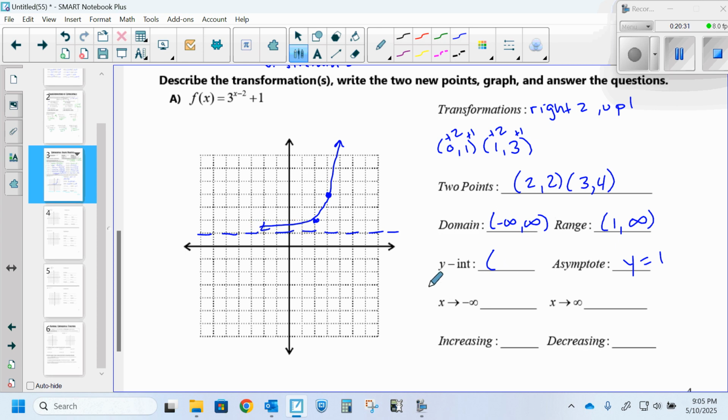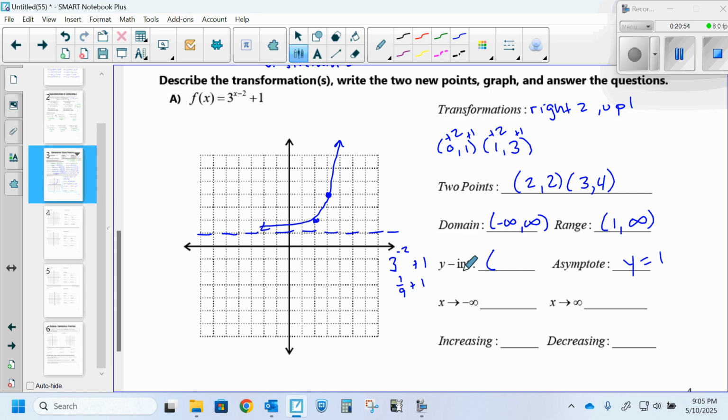Now, this is a good one. I didn't know we had one so quickly showing up, but see, notice how I don't really have a y-intercept known. So we're going to have to calculate that. So you're going to plug 0, just like you would with any function that you've ever seen to find the y-intercept. You plug 0 in for x. So we get 1/9 plus 1.